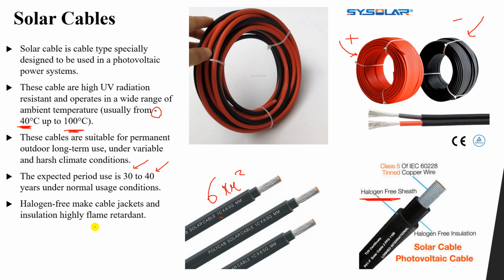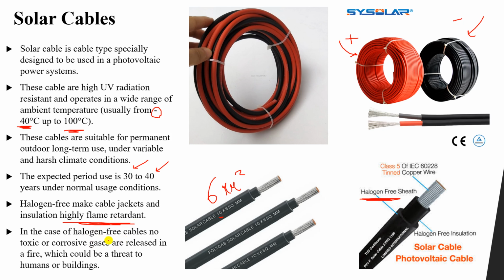Because it helps the cable become highly flame retardant, which means it can withstand fire. Halogen-free cables are also not toxic and do not release corrosive gases in a fire, because these are harmful to humans and buildings. That's why we use halogen-free jackets.